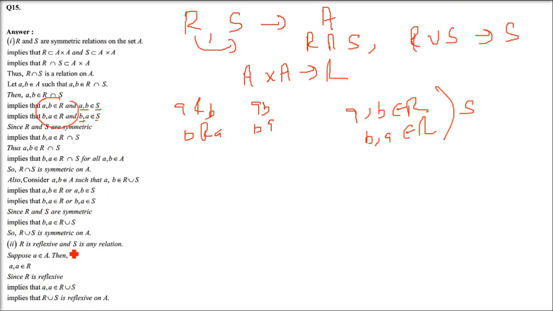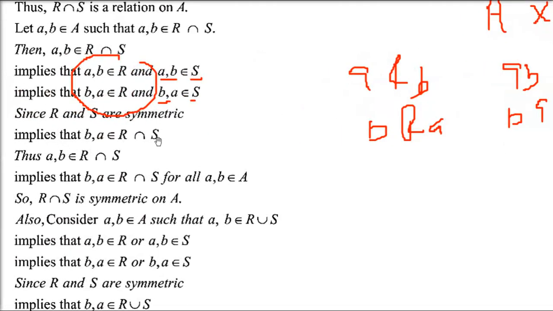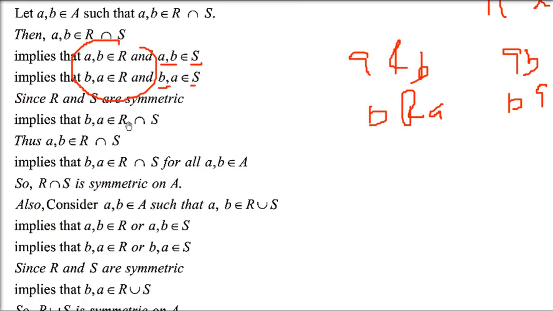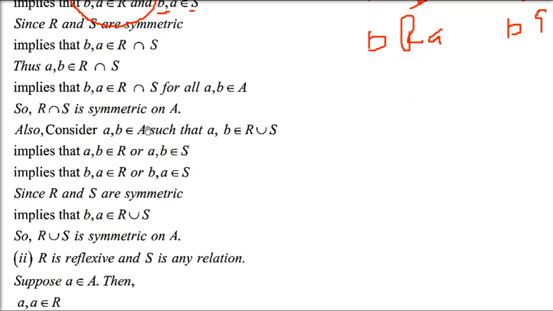That means if A comma B belongs to R intersection S, then B comma A also belongs to R intersection S. So R intersection S is symmetric.